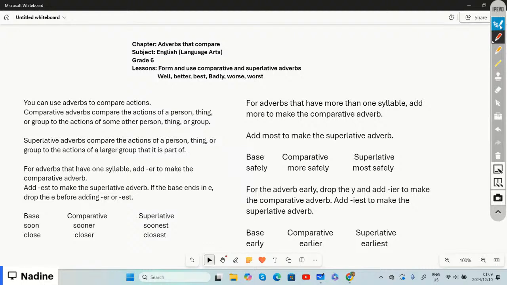And when we compare actions, then we have comparative adverbs, and we have superlative adverbs. So we have comparative adverbs and we have superlative adverbs.